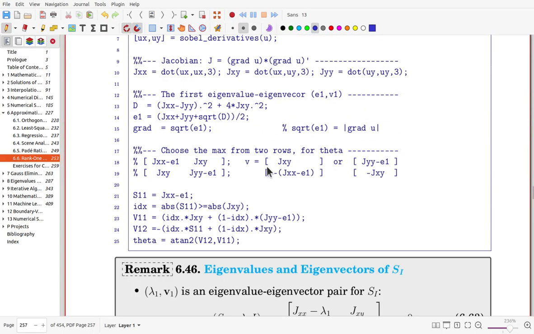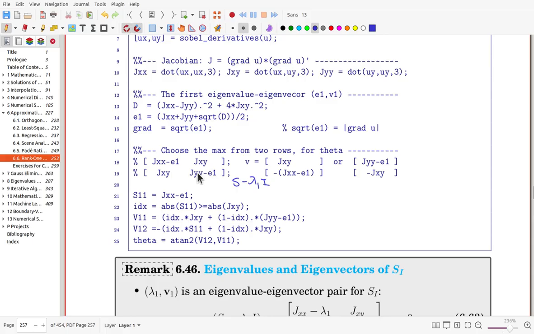So we found the gradient magnitude. Now, once E1 is found, we form the matrix S minus lambda 1 I, that is this one, and we may choose the corresponding eigenvector from the first row or second row.